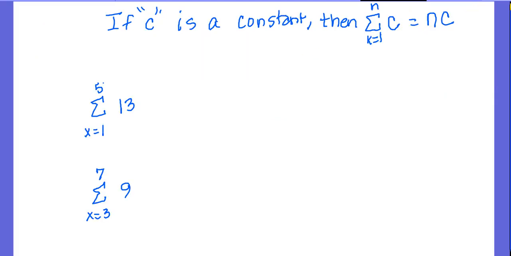All right. Let's talk now about the product, or the summation of a constant. The summation of a constant, we got a little rule here that you can write down. I've already got it up here.